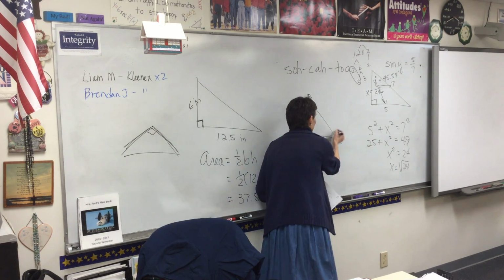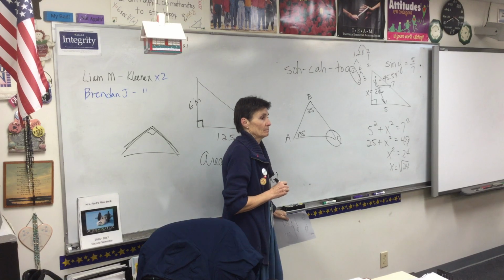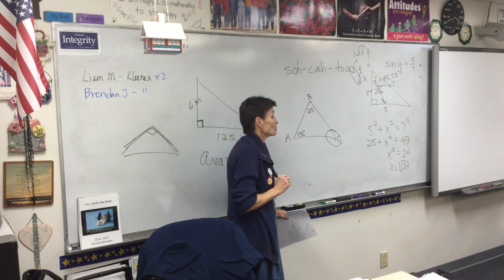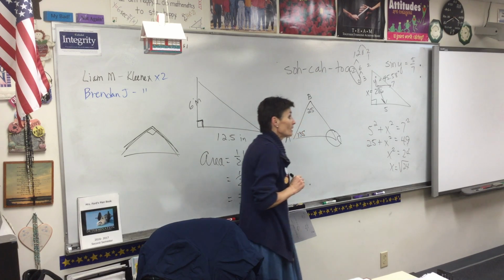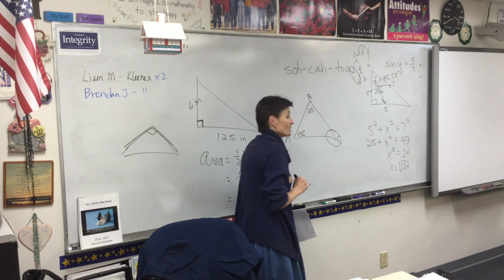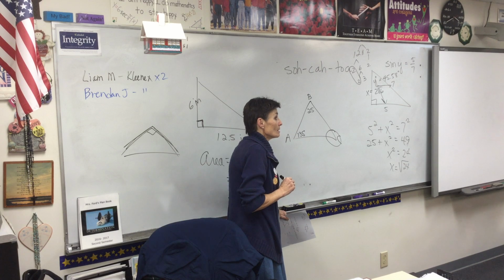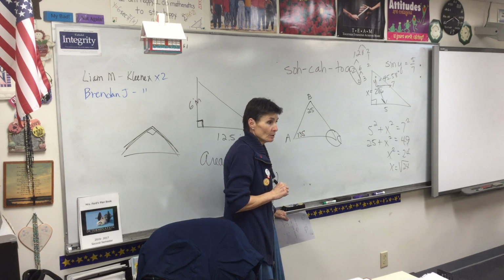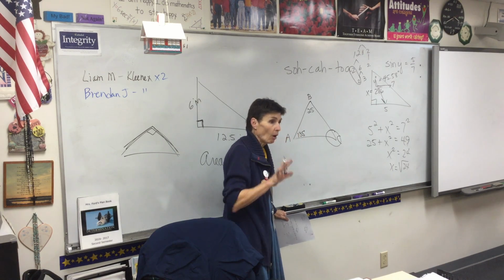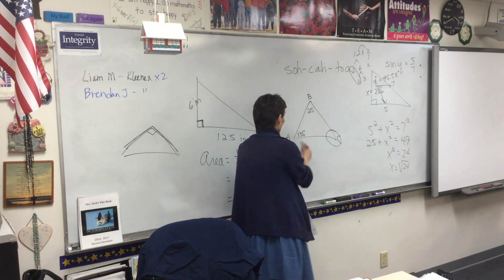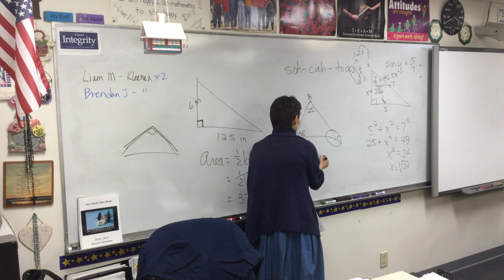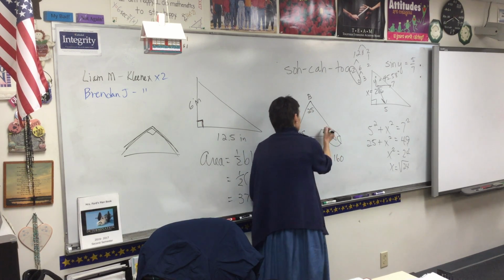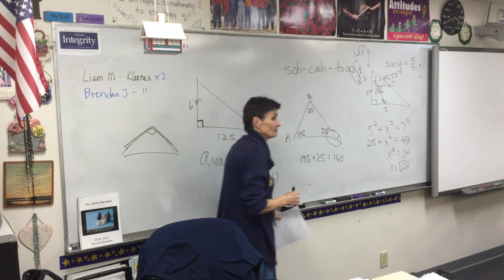So I want to know how big this angle is. Another key idea you're supposed to remember, Mikey. Huh? How did you get 20? The angles of a triangle add up to 180, period, always. So you got a 135 and a 25, so that makes 160. So Mikey says that's got to be 20.